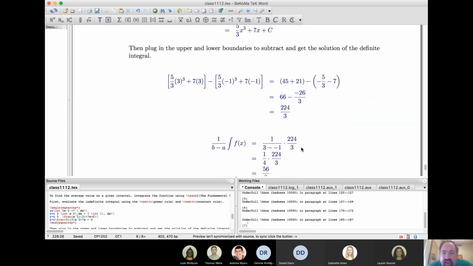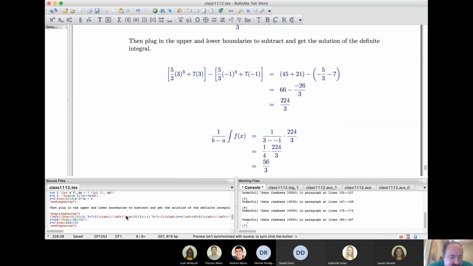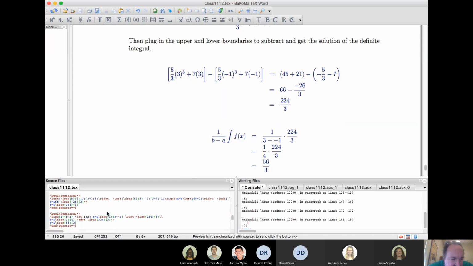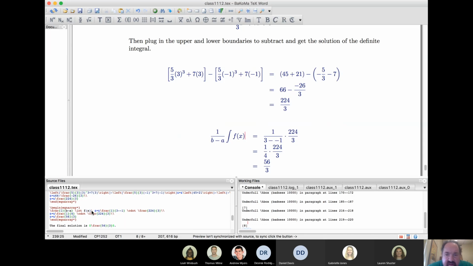Now, to get the average value, right here, 1 over b minus a times the integral of f of x, which should be a definite integral. Sorry about that. That's the average value. So this is a formula for it. So now we have 1 over b, which is 3, minus a, which is -1, times the definite integral that was worked out earlier.